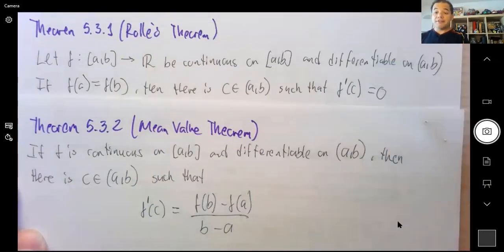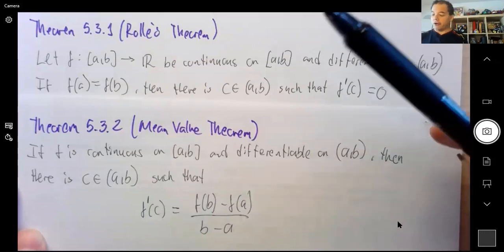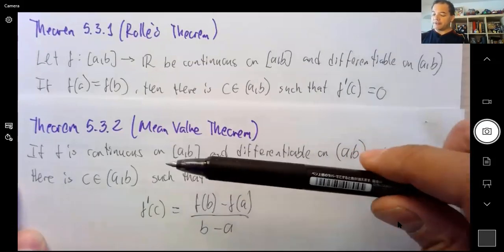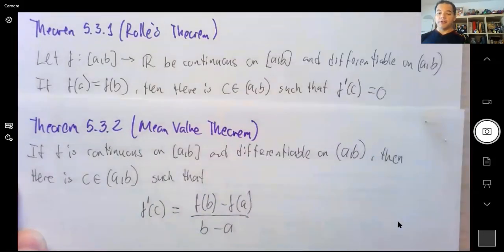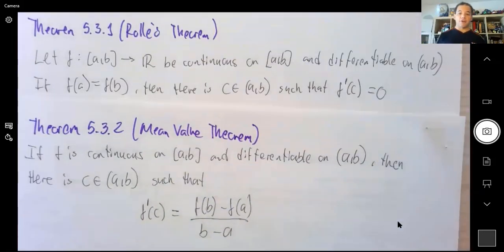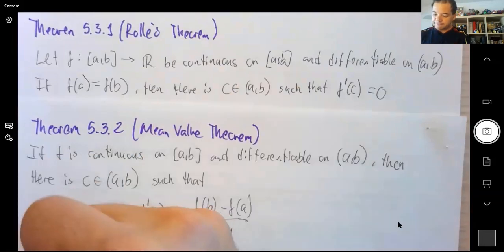And what is surprising, or maybe not so, is that we can prove the mean value theorem using Rolle's theorem. So in a certain sense, they are equivalent. So here's the proof, and it will be very straightforward. Proof.